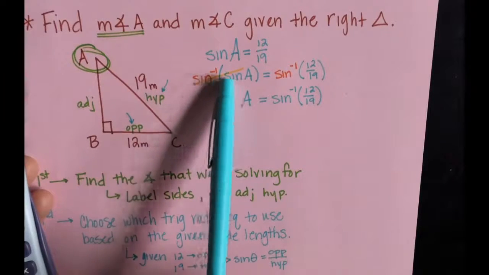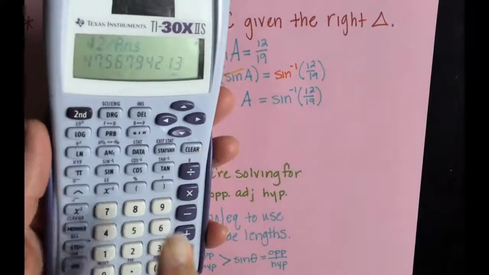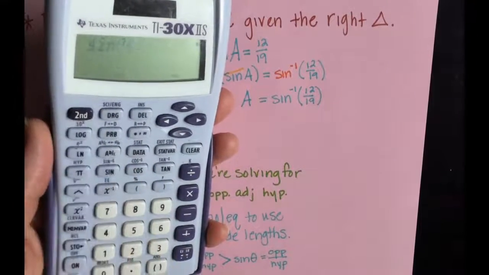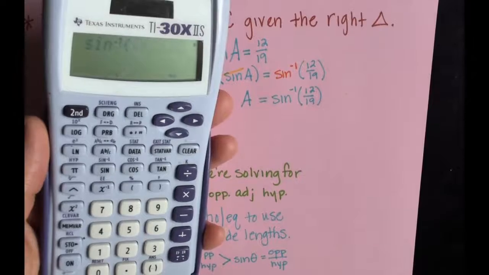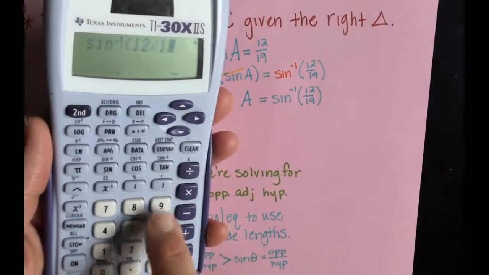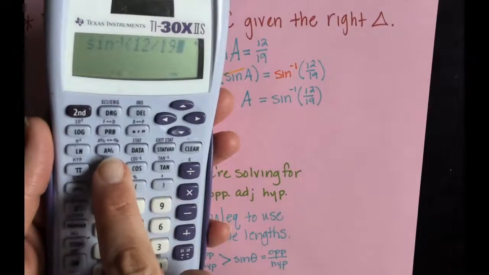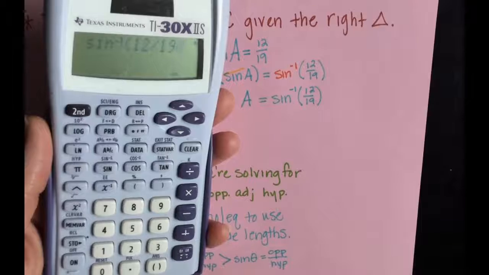To solve, I use the inverse of sine. So I come here and I push second sine. Notice how inverse sine shows up. And I'm going to use 12 divided by 19. I use the division symbol because if I kept using the fraction bar, it might get messy with decimals.